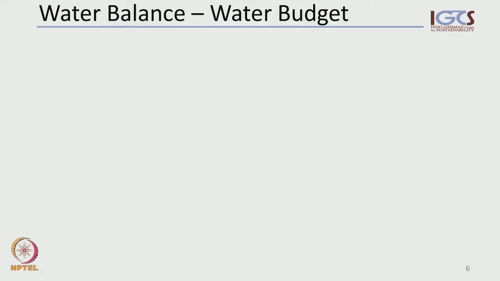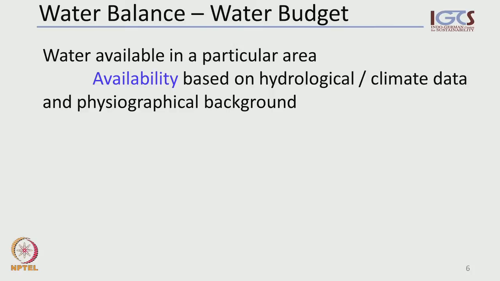Now, talking about water balance or water budget, let's define what we mean by this. Essentially, we are able to express in the form of the water balance the amount of water that is available in a particular area. And that availability essentially is based on hydrological or climate data and physiographical background.